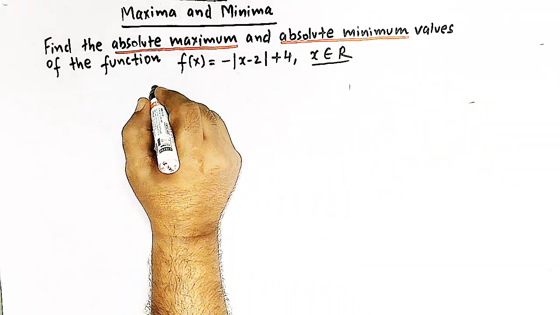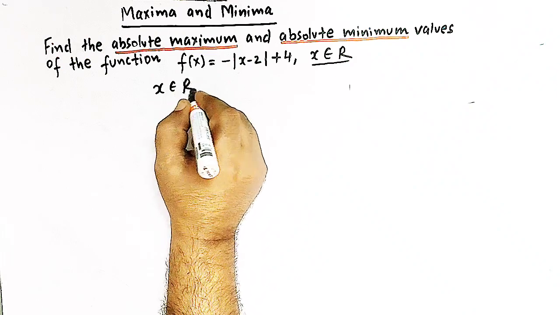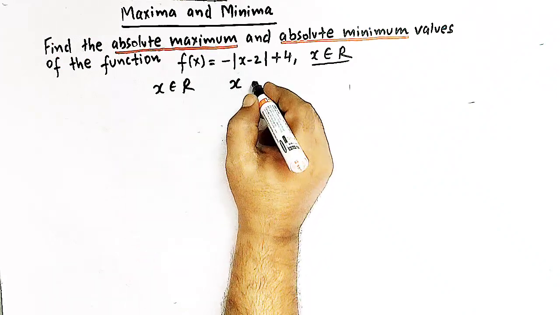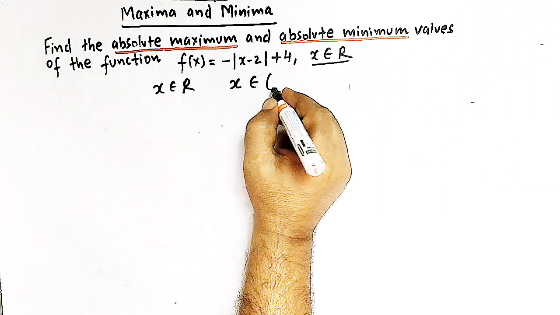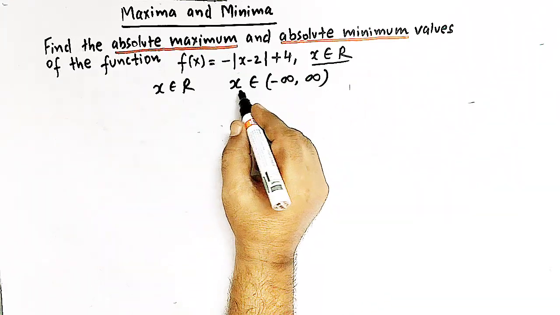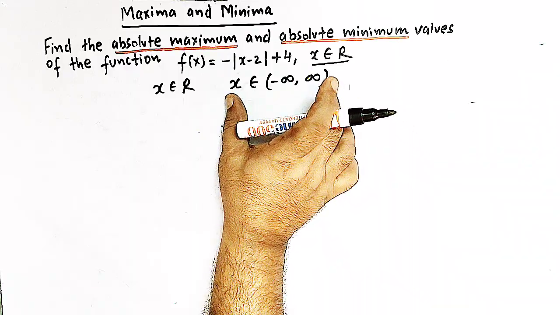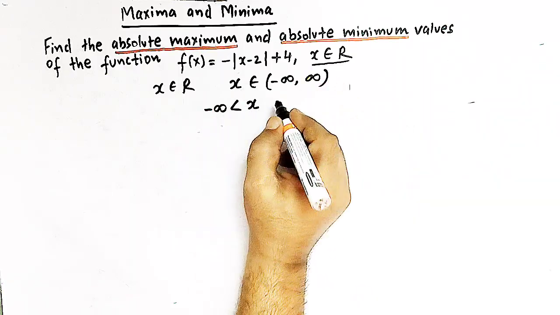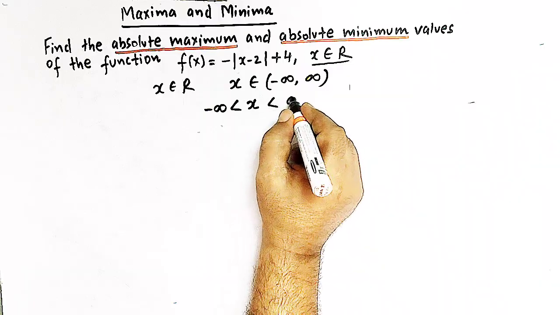And the set of real numbers can also be written in the form of an interval, that is x belongs to minus infinity to infinity, right? So we can write this statement as x is greater than minus infinity and less than infinity.